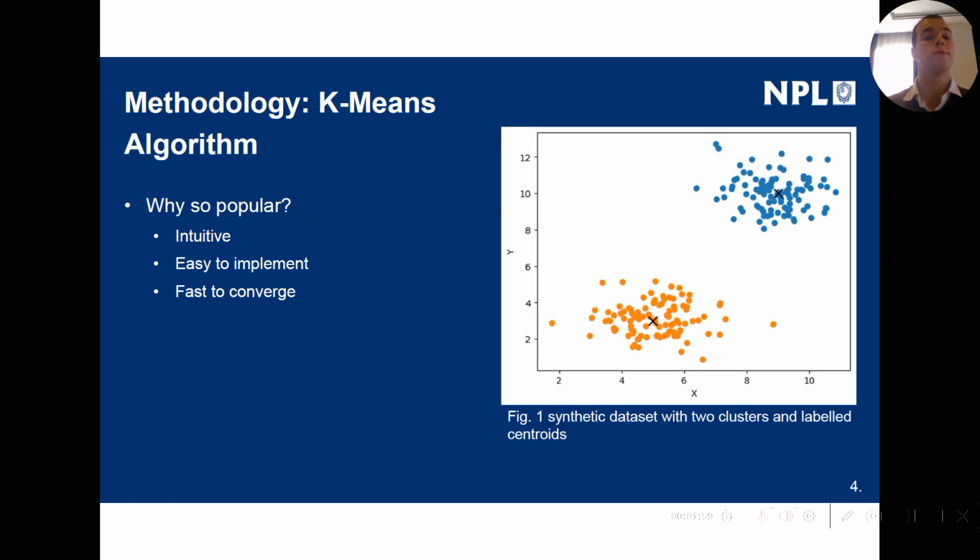It's quite an easy algorithm to understand. It's easy and quick to implement, which is useful because you normally need to run k-means multiple times in order to get a good solution, because it works with randomly initialized centroids.